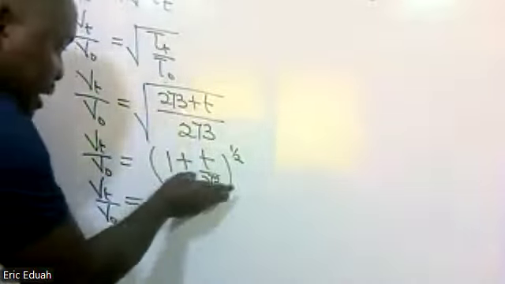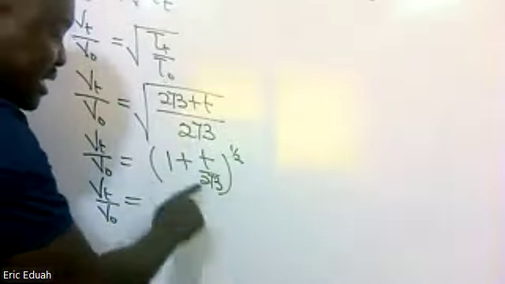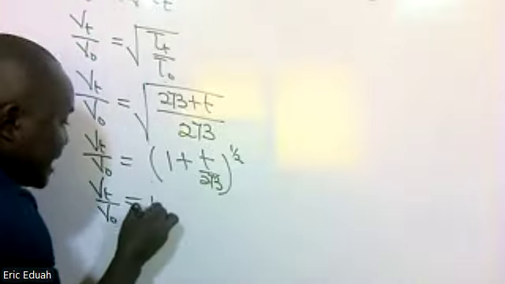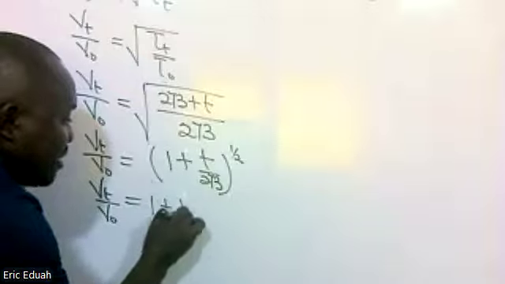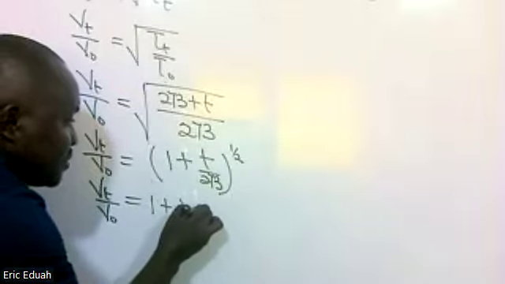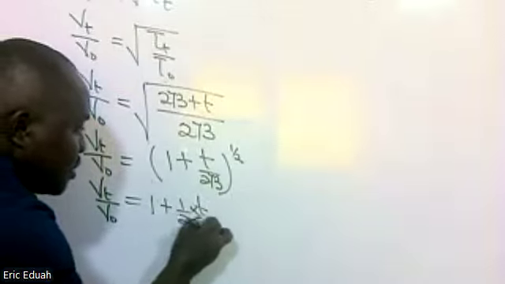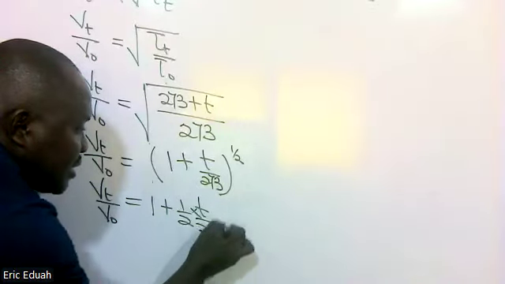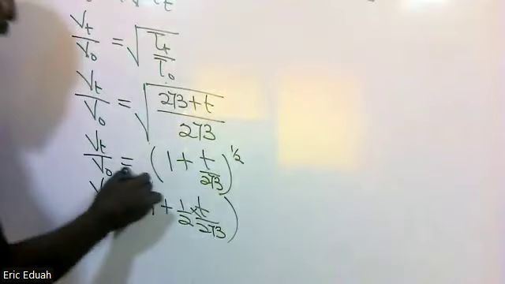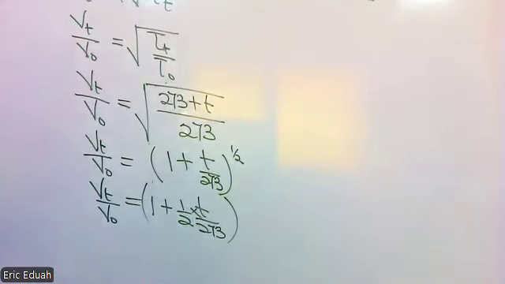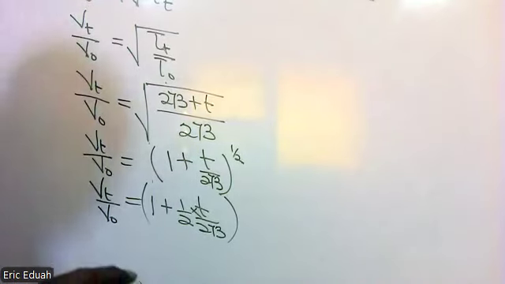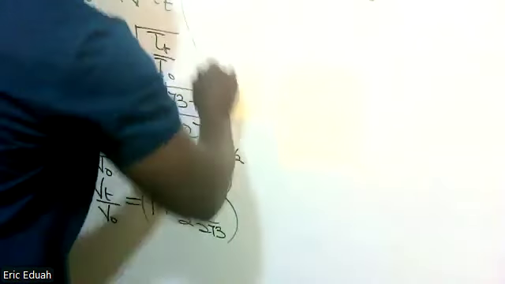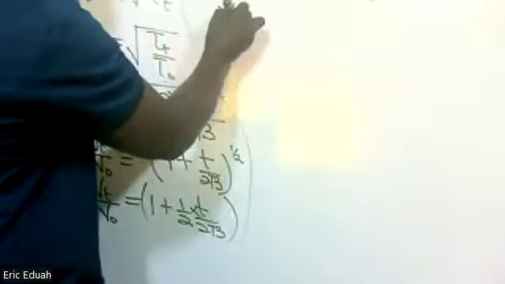The reason why we only expand this to the first two terms, 1 plus half t on 273, is that we are only considering up to the first two terms because that will give us larger values. You are EMA students, so you should understand.